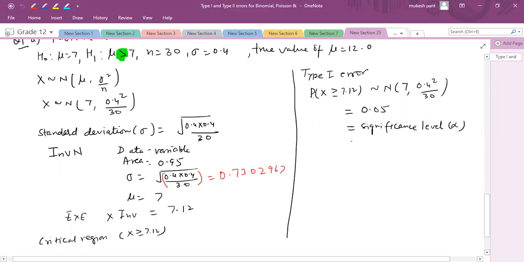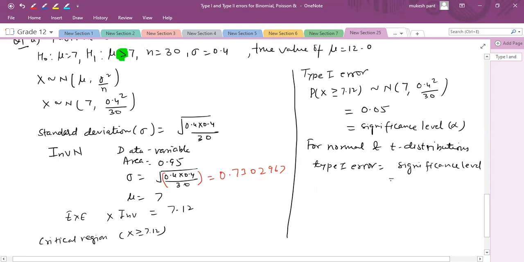Because for normal and t distributions, type 1 error means alpha, whatever the significance level is. The type 1 error will be the same.